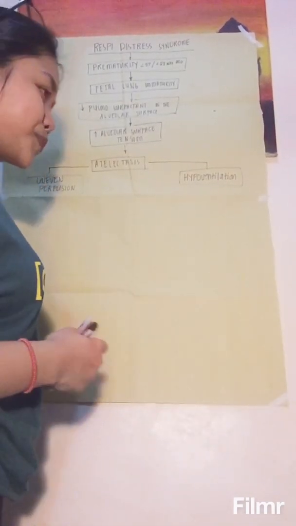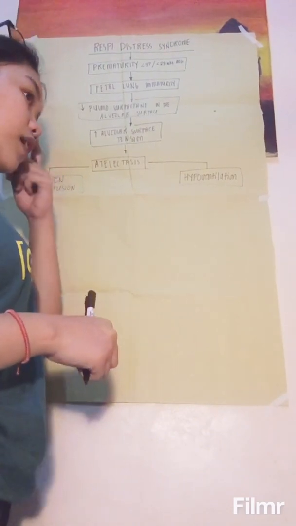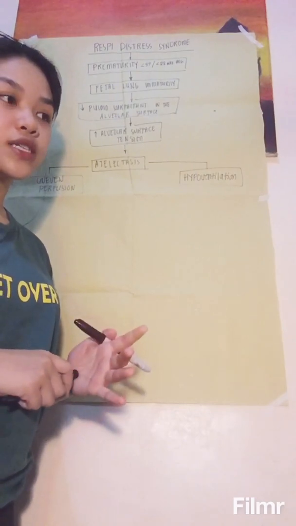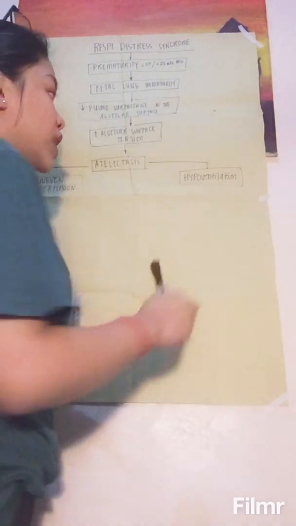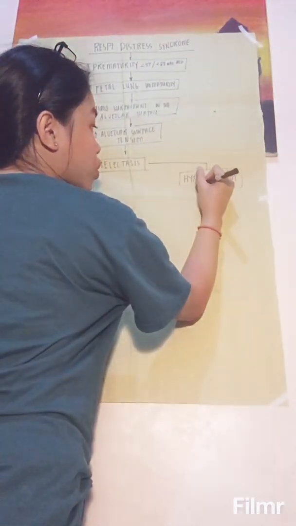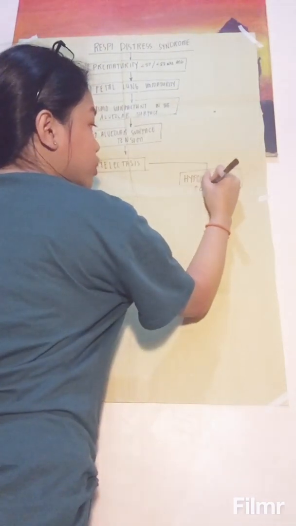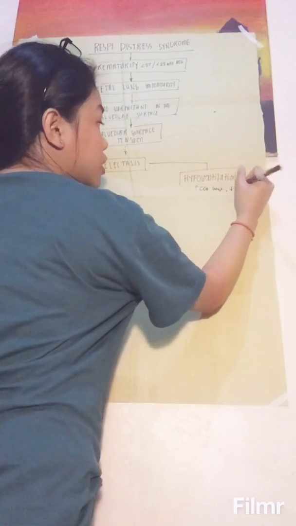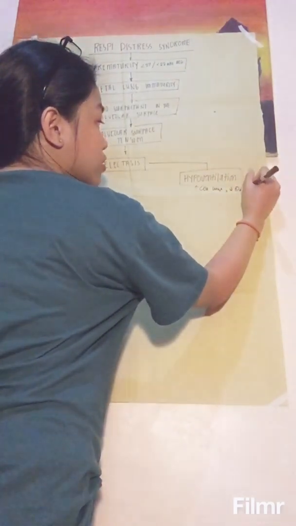Hypoventilation means that the ventilation is low, or there is presence of impairment in ventilation. So, the CO2 in the lungs is high and the oxygen level in the lungs is low.